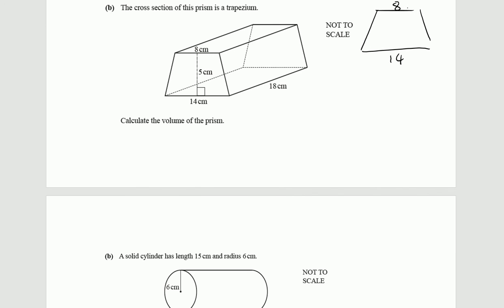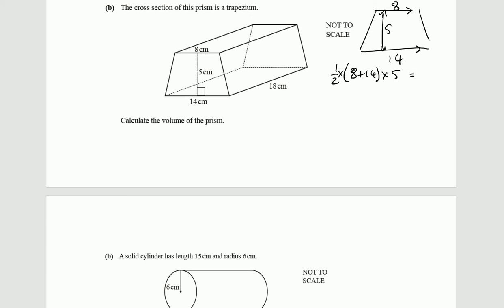Now remember, in a trapezium, you have a pair of parallel sides, and the formula goes a half of the sum of the parallel sides, that's 8 plus 14, times the distance between them, and that's 5 in this case. So we can go to the calculator and do a half times 8 plus 14 in brackets times 5.